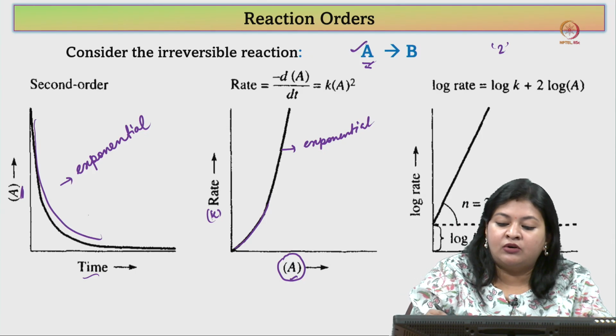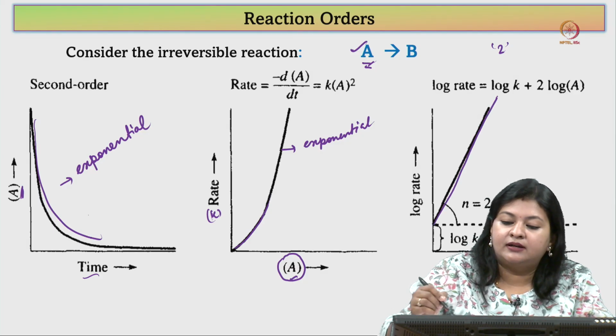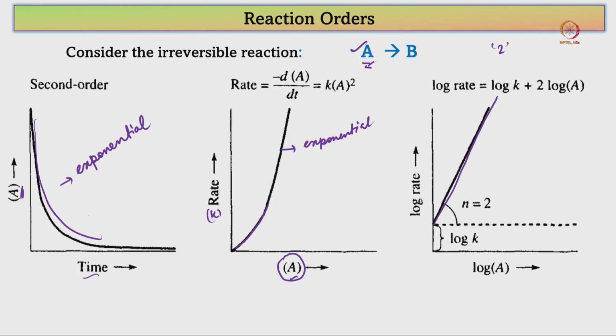And again, if you plot the log rate with log A value, it will have a linear curve, but here the angle will be much steeper. It will have a very steep angle, and this is the n equal to 2 kind of reaction.